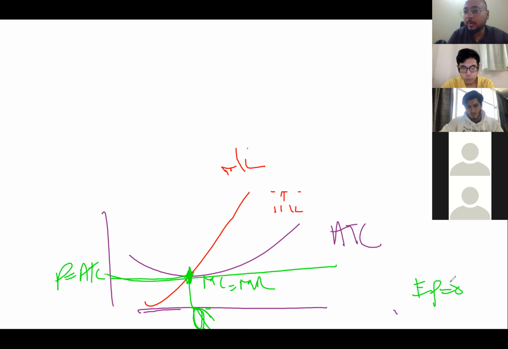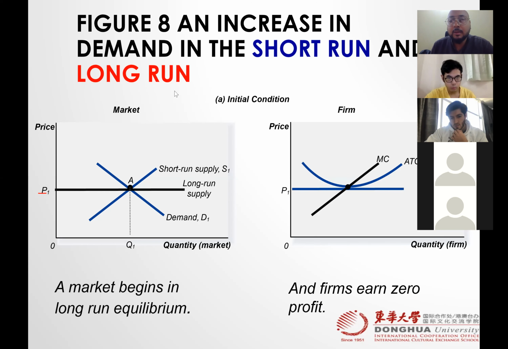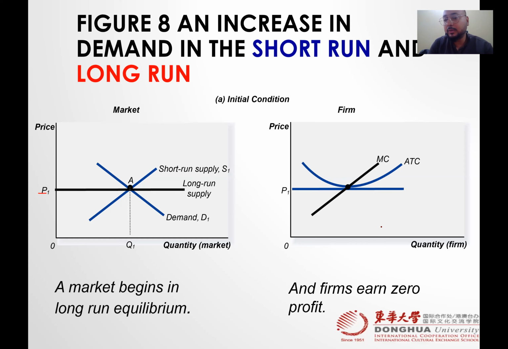We don't see a gap that we could shade to find the profit or loss. There is zero economic profit. Let's go back to our slide. This is the initial condition, and we see the firm enjoying zero economic profit.